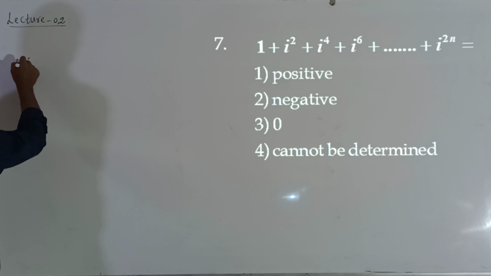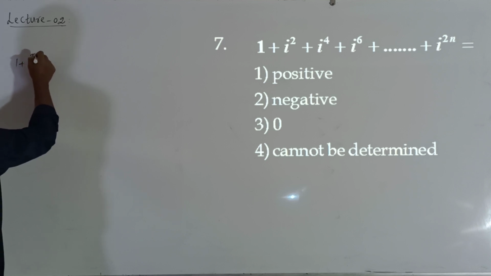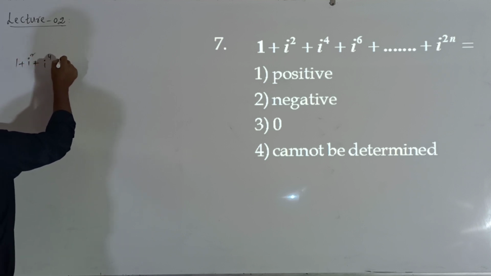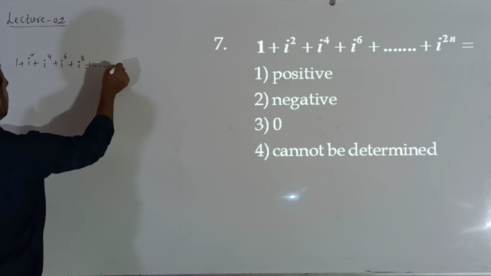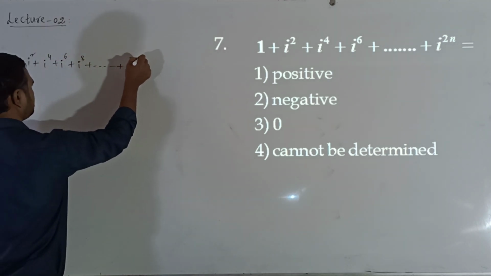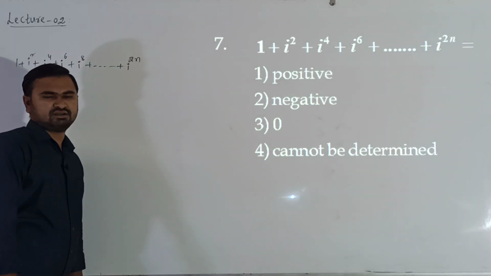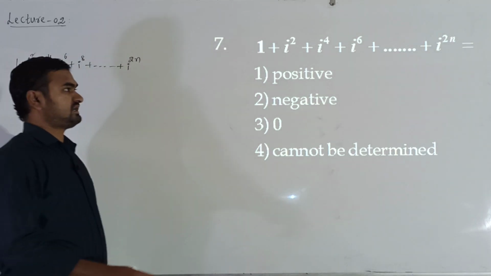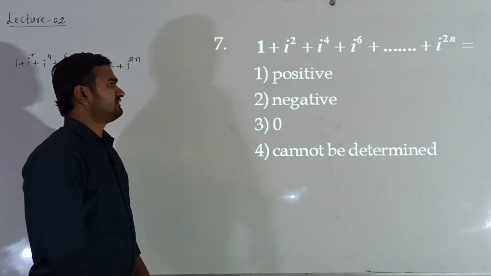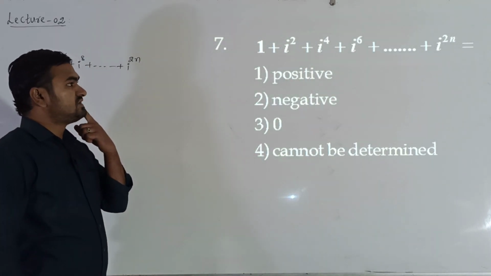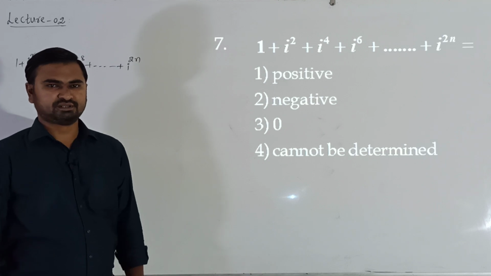1 plus i square plus i power 4, i power 6, next i power 8 and so on. So if you observe, we are having i power even numbers starting from 0, 4, 6 and so on up to 2n.